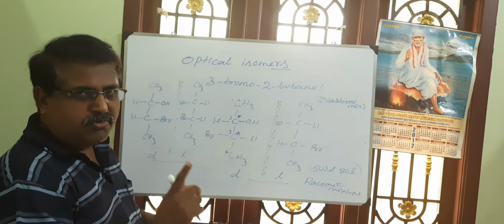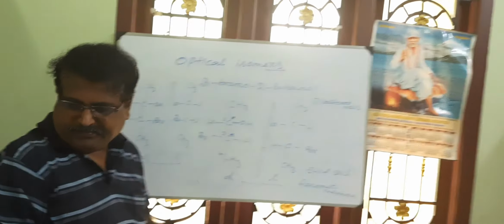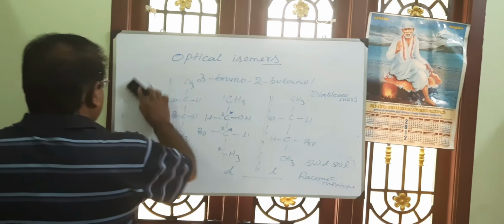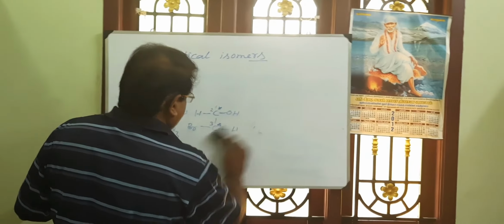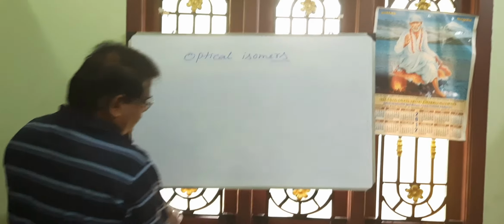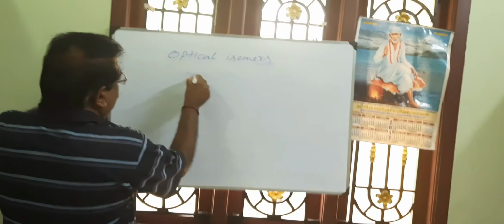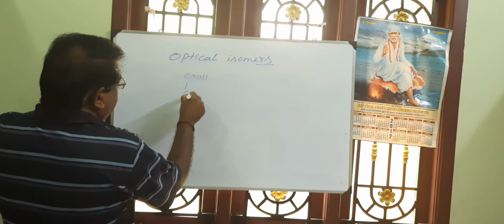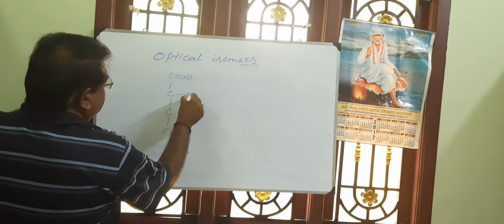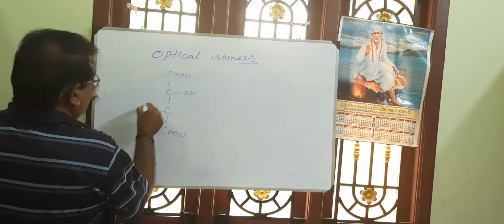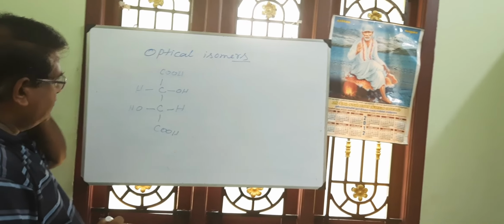I will explain one more example under this category. We will discuss tartaric acid. It's a very interesting molecule. Tartaric acid structure is COOH, C, C, COOH, OH and OH, H and H. This is the tartaric acid structure.